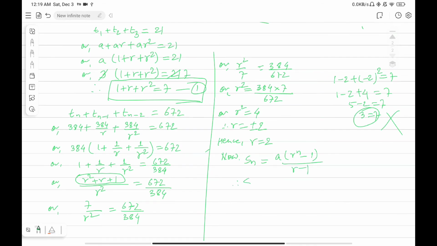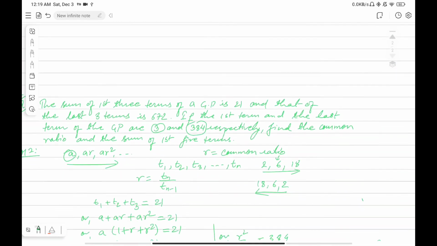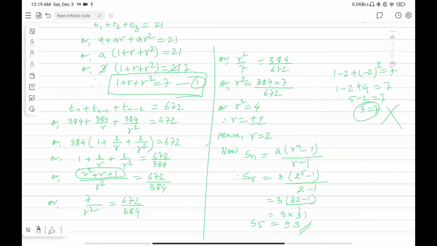We have 5 terms here, a being 3, which has already been given to us, and r being 2. So we have 3 times (2 to the power 5 minus 1) divided by (2 minus 1). 2 to the 5 is 32, so this is 32 minus 1 divided by 1. So we have 3 into 31, which is 93. So the sum of first 5 terms of the GP is 93.